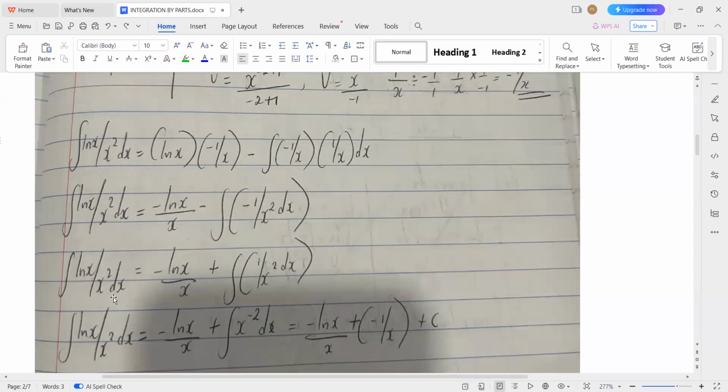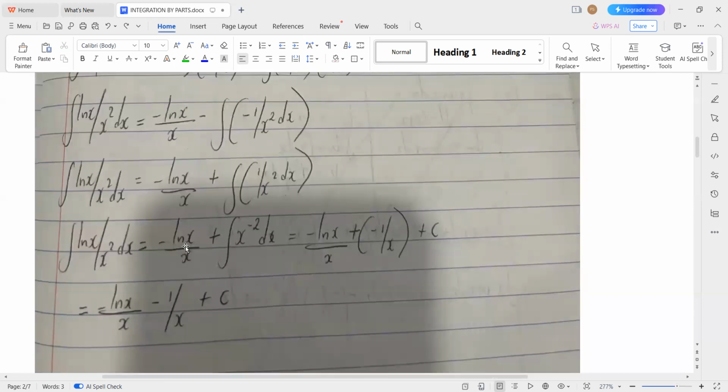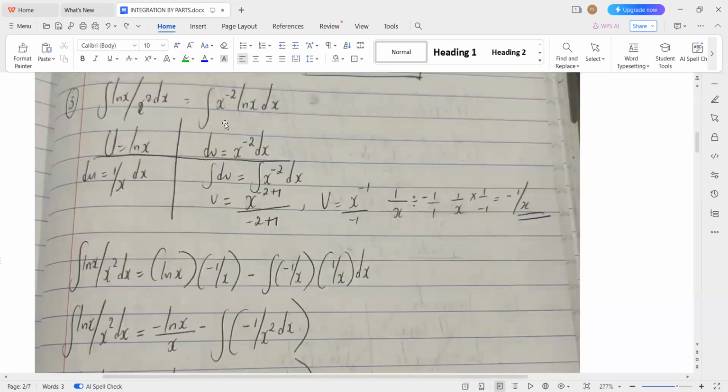So we have minus natural log of x over x plus integral of 1 over x squared dx. So you have minus natural log of x over x plus integral of x raised to power minus 2 dx, because now we can change 1 over x squared as x raised to power minus 2, which is what we have.